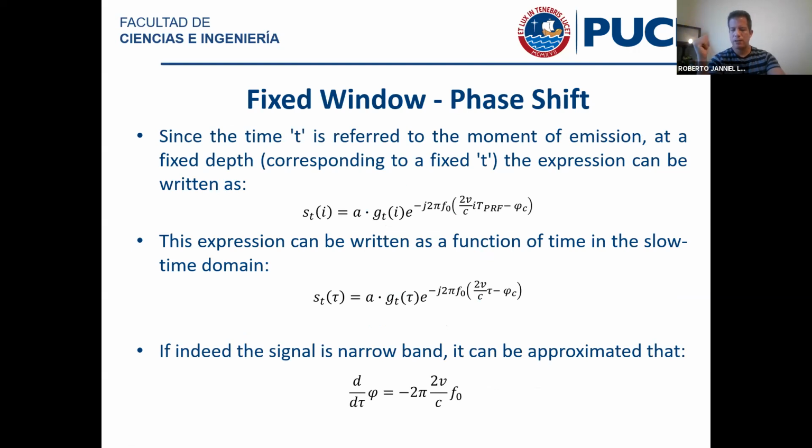Really think about it, right? You have the change in phase with respect to transmissions, right? So that would be, in this case, pi over 2, right? And that pi over 2 is a fraction of a period of 2 pi, right?